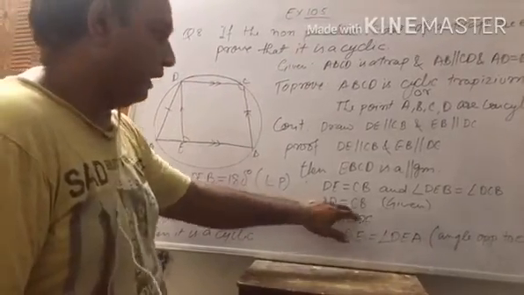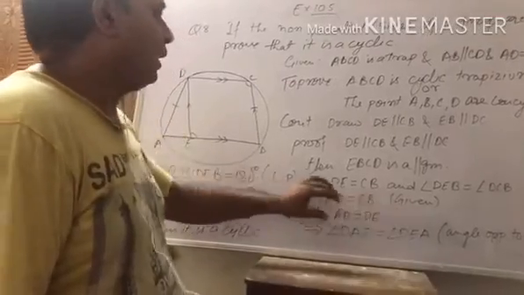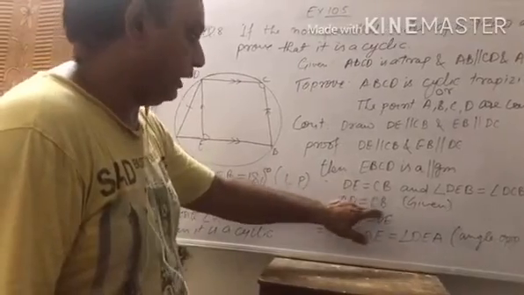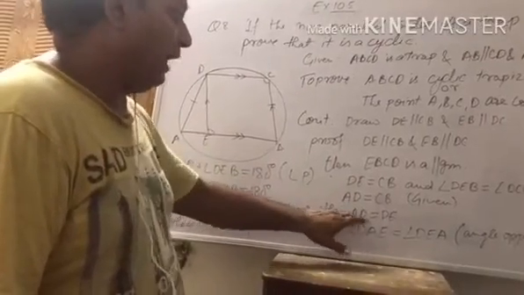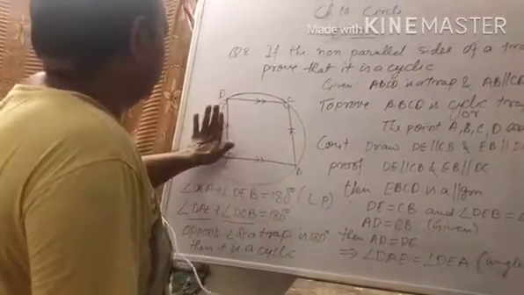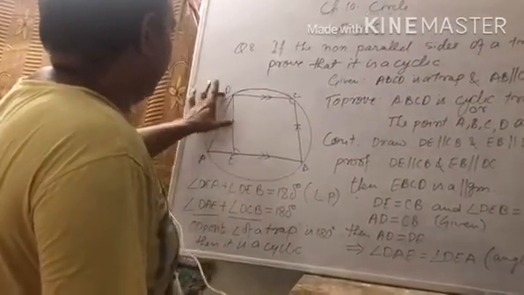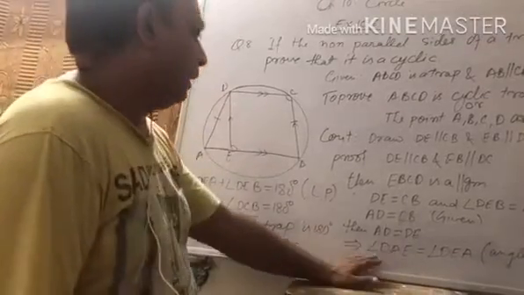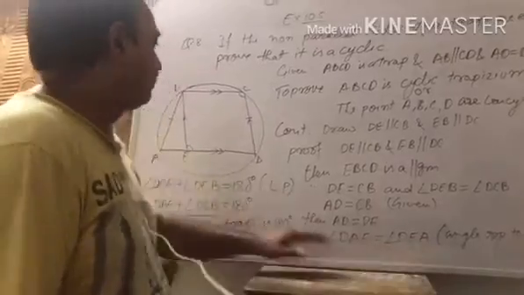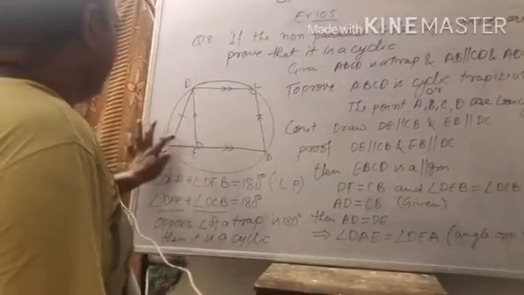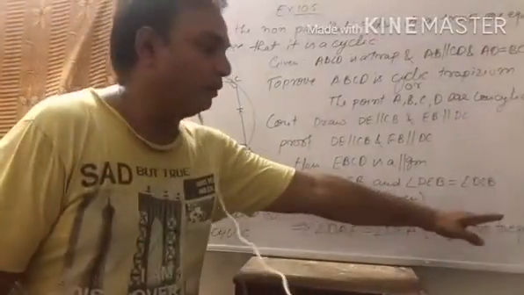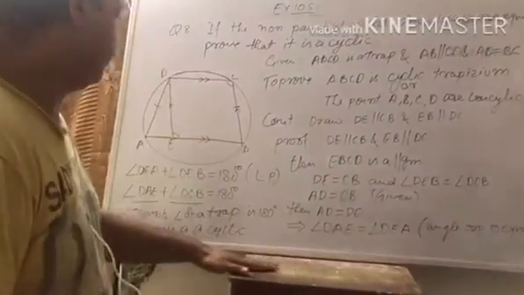AD is equal to CB is given. So DE is equal to CB and AD is equal to CB, then AD is equal to DE also. If this side is equal to this, means AD is equal to DE, angle DAE is equal to DEA, means this angle DAE is equal to this angle DEA. Angles opposite to equal sides are equal.